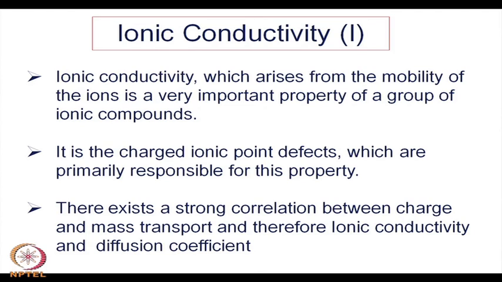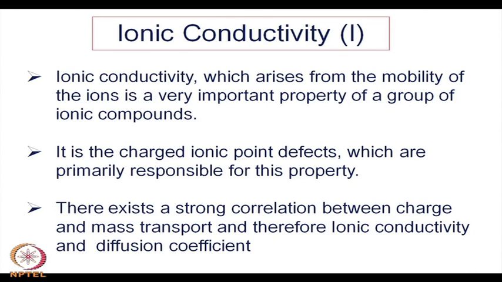As I mentioned, the ionic conductivity which arises from the mobility of the ions is a very important property of a group of ionic compounds. It is the charged ionic point defects. We have talked about ionic point defects as well as electronic point defects. Here it is the charged ionic point defects which are primarily responsible for this property.